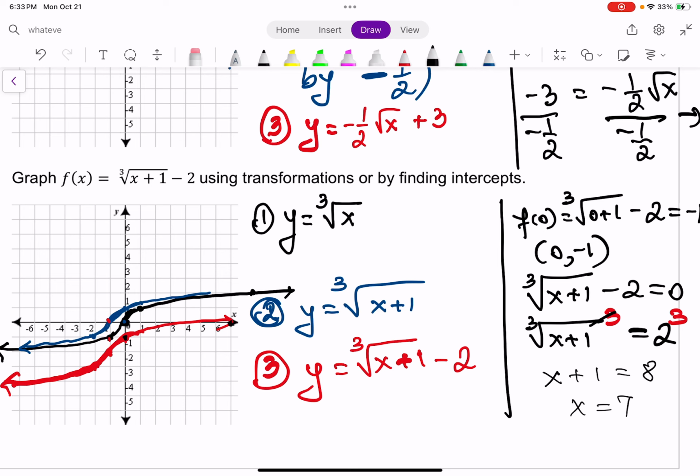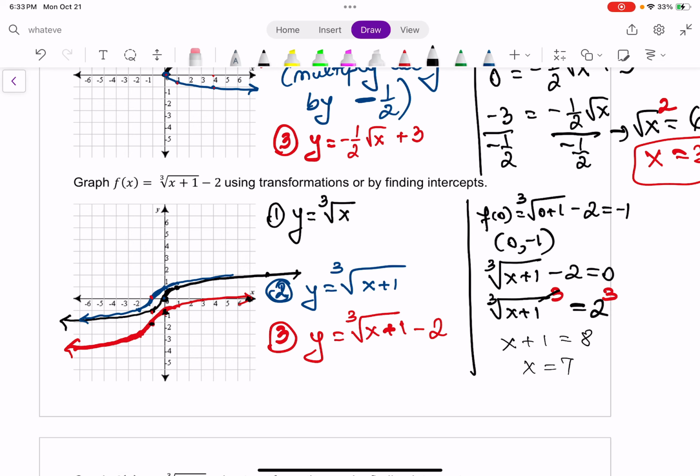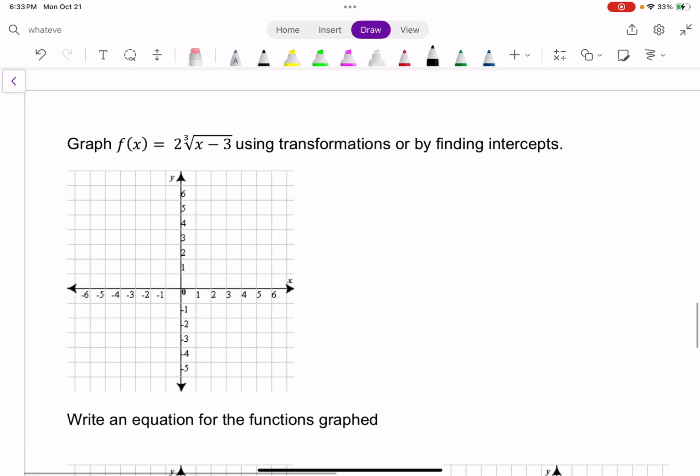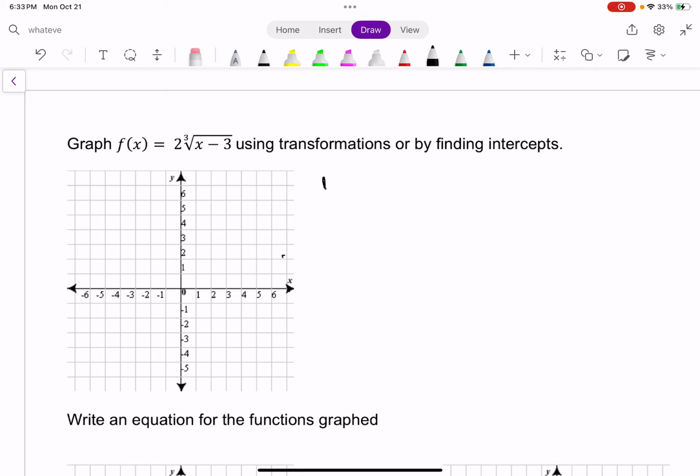So it's very bendy. But just with these points alone, you wouldn't be able to graph the function. You need this turning point, right? This one key point in the cubic function, right? Where does it switch? So only transformations really will do that for you. Okay, so let's just graph using transformations only. Best way.